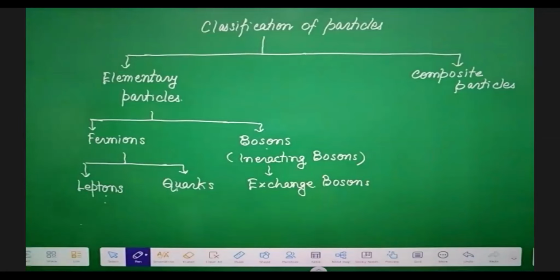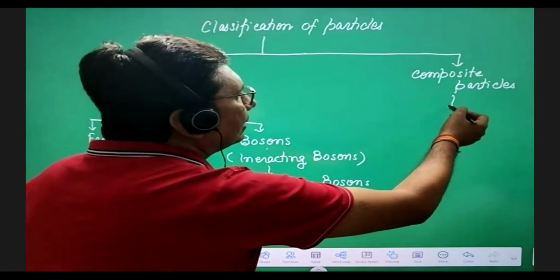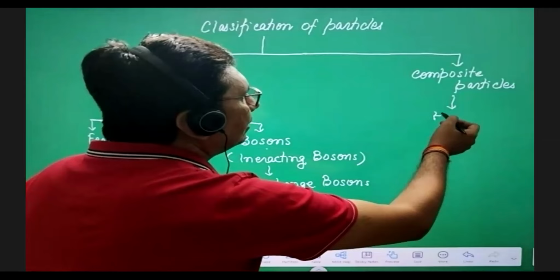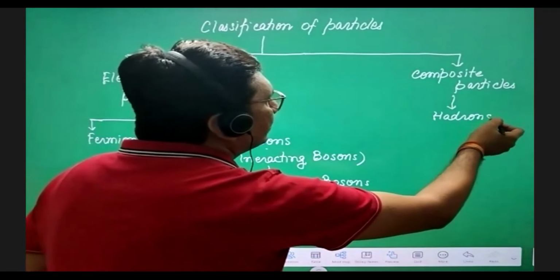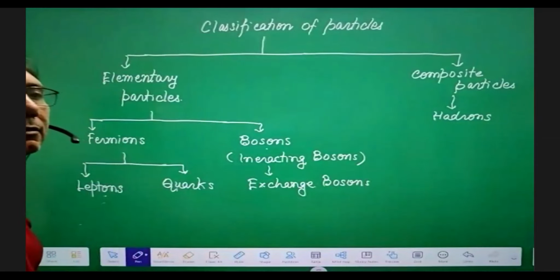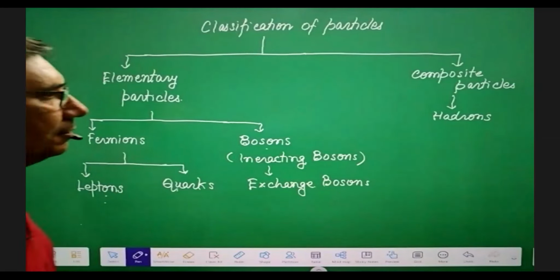In this category, whatever particles are coming together, they are called hadrons. Together, they are under the category called hadrons. Why are they called hadrons? I will tell you later on.